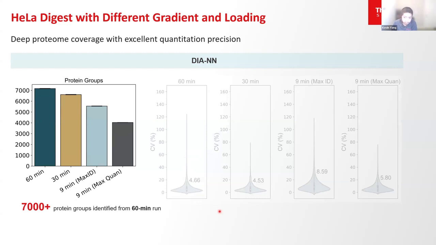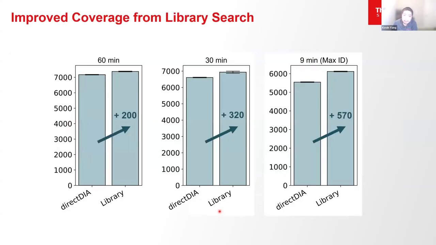Is there a way to further boost the coverage? Yes. So one way you can do that is to run a library search. So you can build a library. Here we build a library using 13 cell lines, single injection of 13 cell lines, and we search the same results against the library.